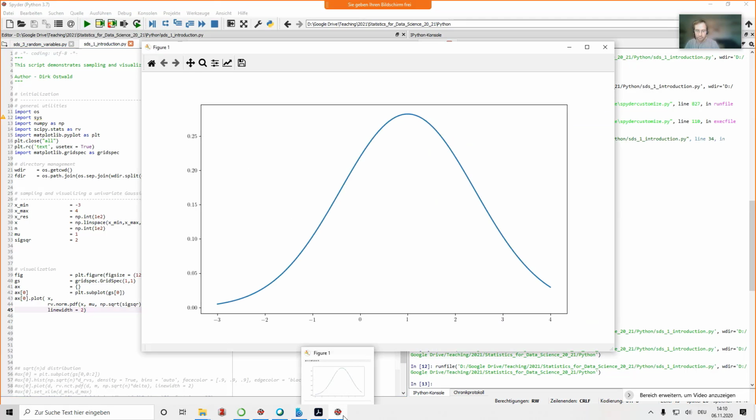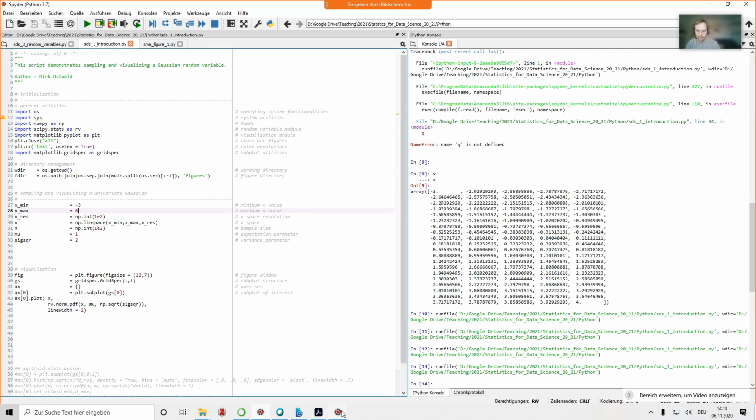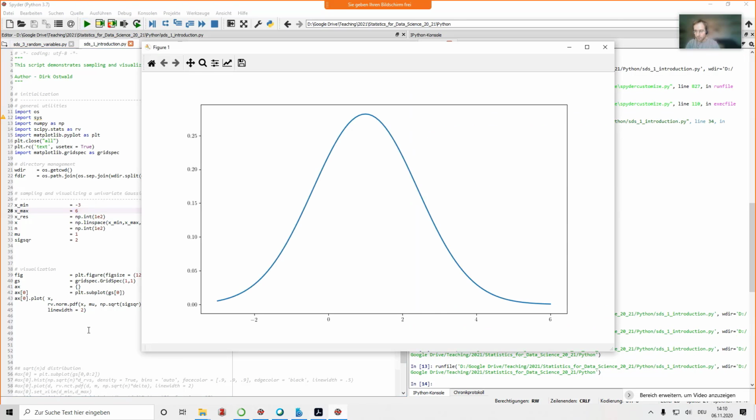So we've now successfully plotted a PDF of a Gaussian. It's of course not the most exciting exercise. Let's make this a little bit bigger. Have a look again. Good.